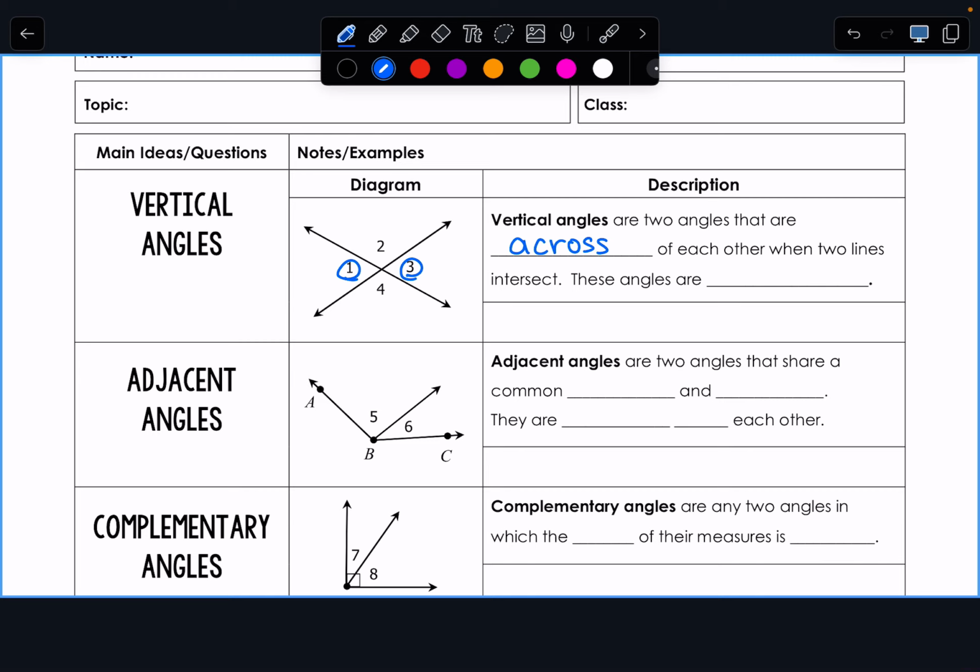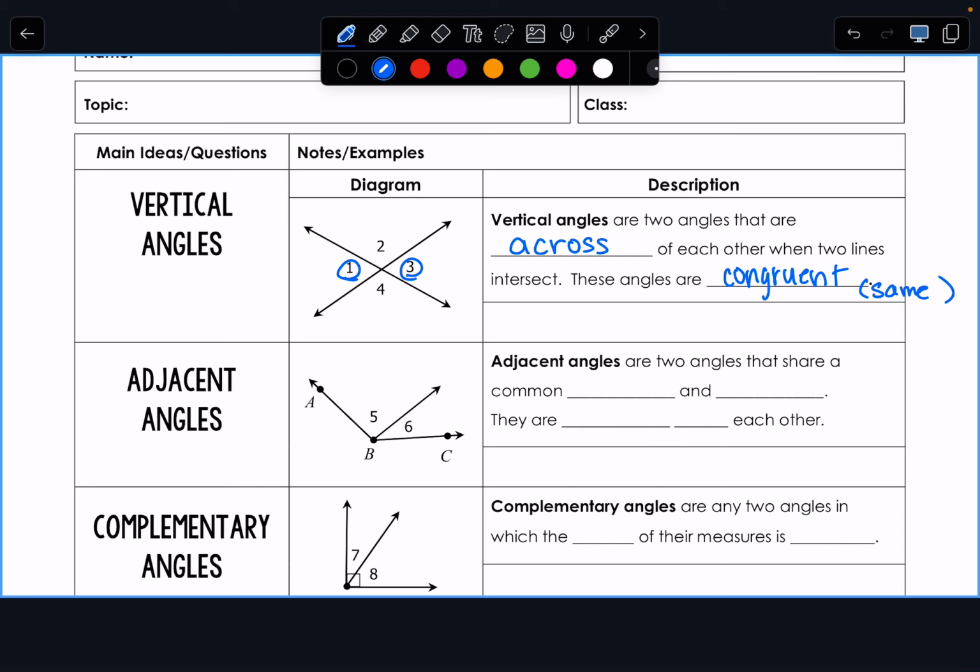Now, I'm gonna trace angle 1. What do you think is gonna happen when I put this on angle 3? It's the same. So vertical angles are what we call congruent. Congruent is just a geometry word for the same measure.